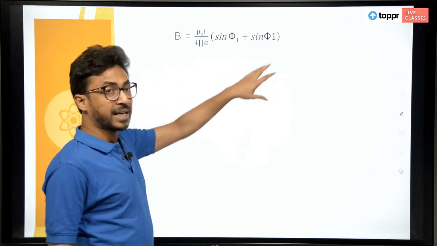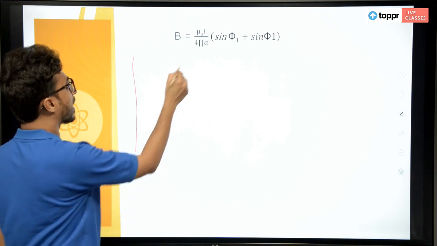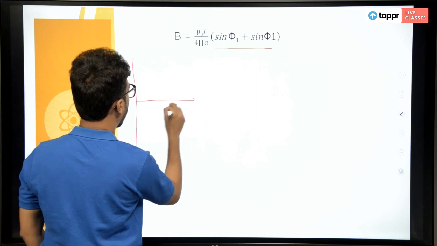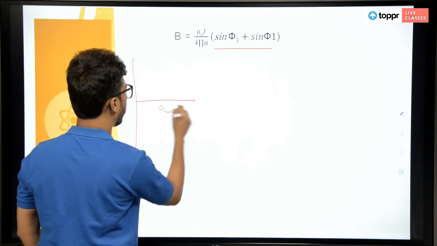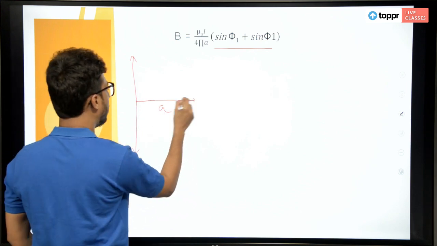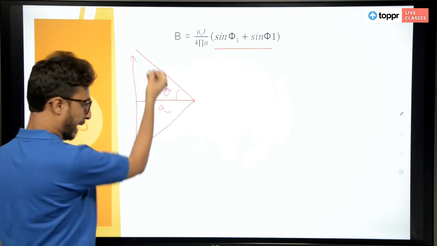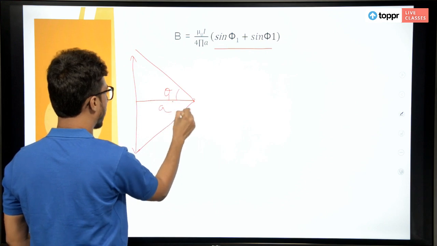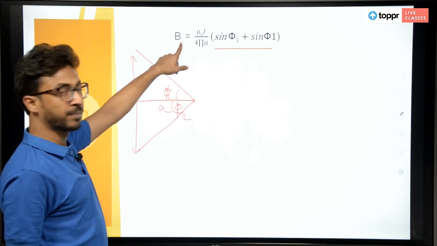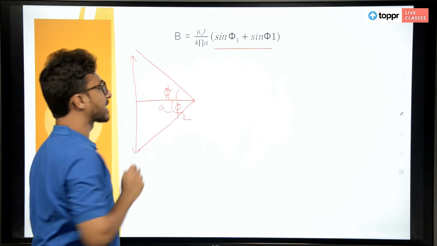See, the magnetic field for a straight conductor is given by this formula, where suppose we are trying to find out the magnetic field by this straight conductor at a distance of A. If we measure the angles at the ends of the conductor, this is phi 1 and this is phi 2, then the formula is given by this: B equals mu 0 I by 4 pi A into sine phi 1 plus sine phi 2.